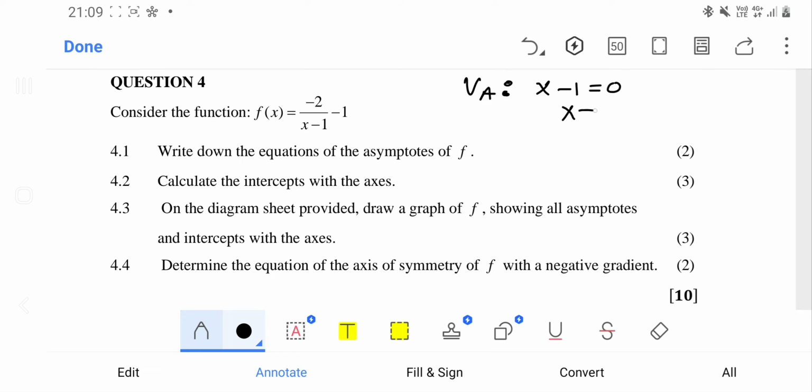So it means x is equal to 1, right? We get a mark for doing that. And then the horizontal asymptote is y equal to the constant, which is -1. It is the dotted line that cuts the y-axis but is parallel to the x-axis, right? And then that's 2 marks for that.